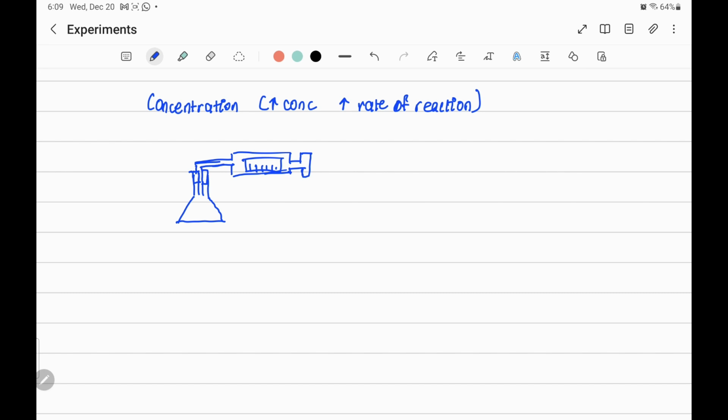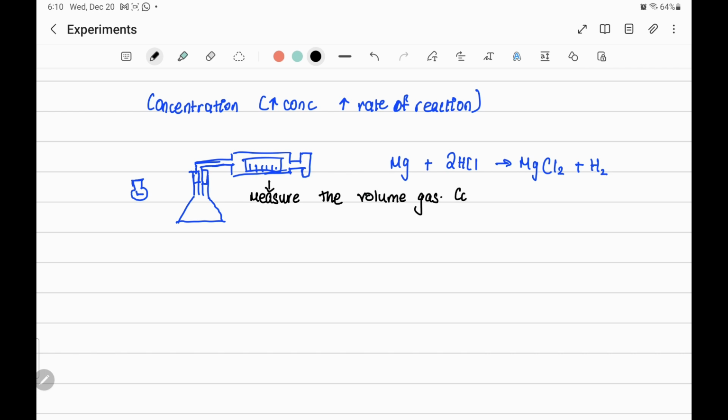The reagents that we're going to be using for this experiment are magnesium plus hydrochloric acid gives magnesium chloride and hydrogen gas. And obviously you're going to need a stopwatch because you are measuring the rate of reaction. The purpose of the gas syringe is to measure the volume of gas. It collects gas, obviously. And since we have hydrogen, it's going to be collecting hydrogen.